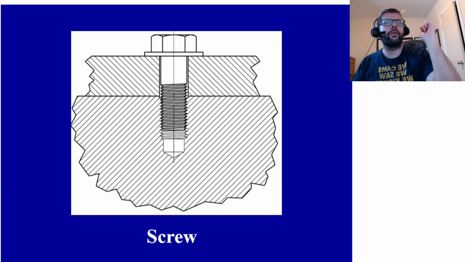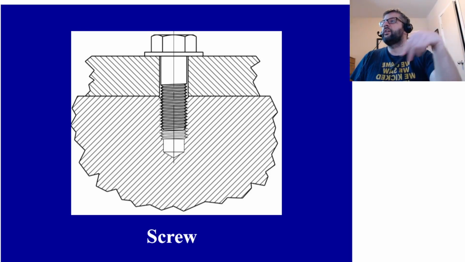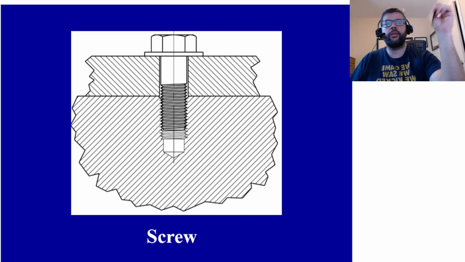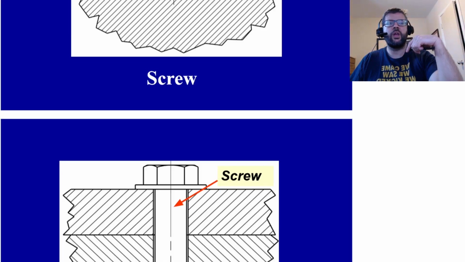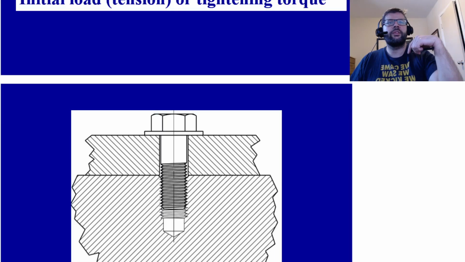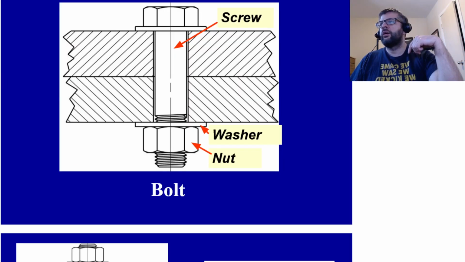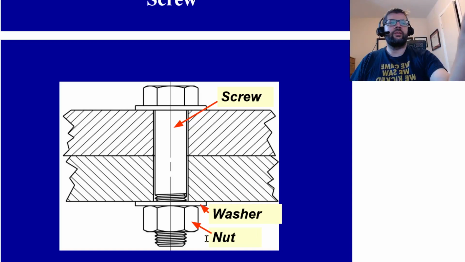So, a bit of nomenclature. A screw goes into a threaded joint here. Typically speaking, versus a bolt, which holds stuff together via a nut, and oftentimes a washer.